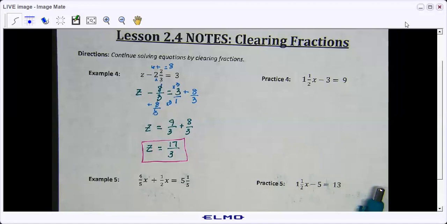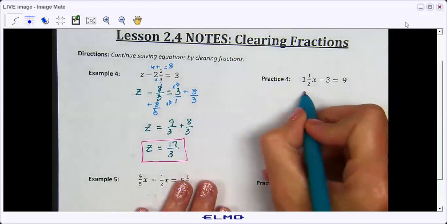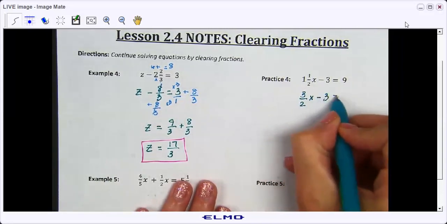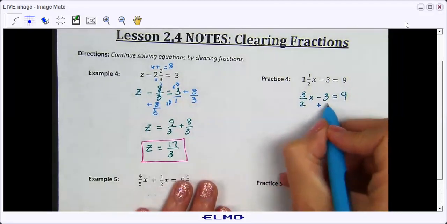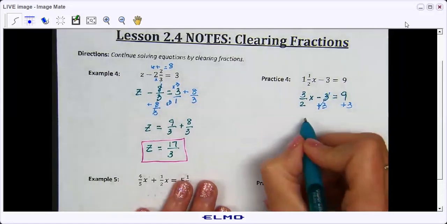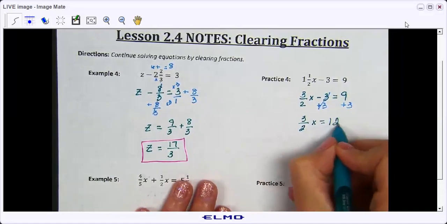All right, I'm gonna start solving for it. So I have to turn my 1 1/2 to an improper fraction. So you should have 3/2 x minus 3 equals 9. This one is going to be a little bit easier. Okay. And then I'm going to add 3 to both sides. And I have 3/2 x equals 12.